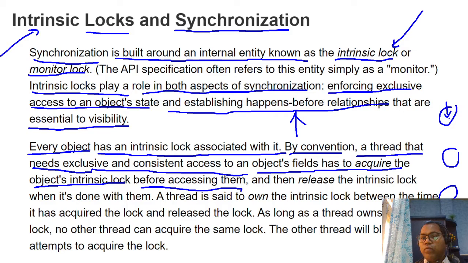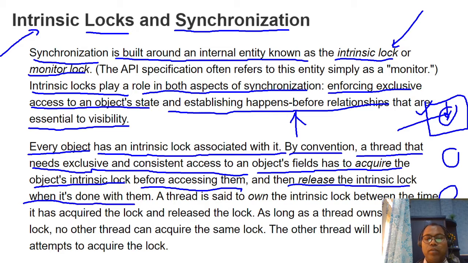So if you want to access the particular fields of an object, you first need the intrinsic lock. You get the lock, access the fields, and then modify them. After the completion of your statements, you then release the intrinsic lock when done with them. A thread is said to own the intrinsic lock between the time it has acquired the lock and released the lock.